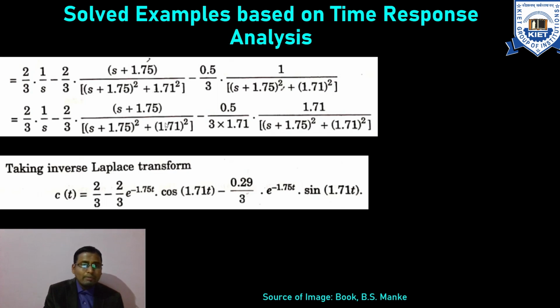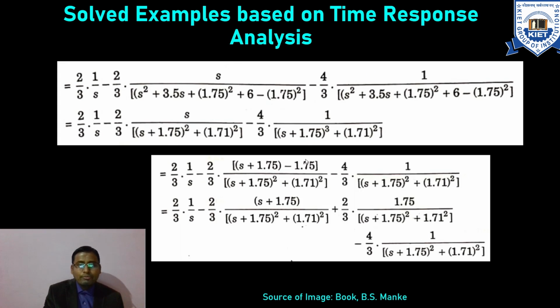And the mid portion, how are we getting the mid portion? Look, here s plus 1.75 minus 1.75, we are doing the hit and trial method, so divide this one. That means (s plus 1.75) divided by the total denominator section, minus 1.75 divided by this one. Why is this the plus sign?